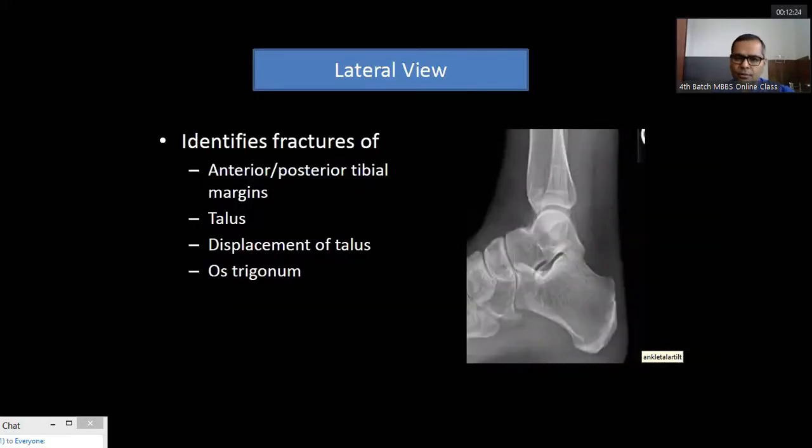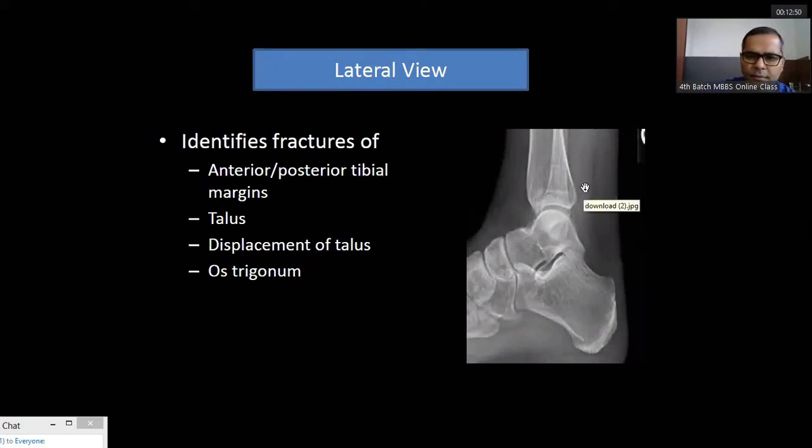In the lateral view, we see the tibia and fibula, the ankle joint, the dome of the talus, the mortise of the ankle, the talus, and the calcaneum. Any bone chip fracture, especially the posterior malleolus fracture, which we occasionally see right over here, is suggested by this view.